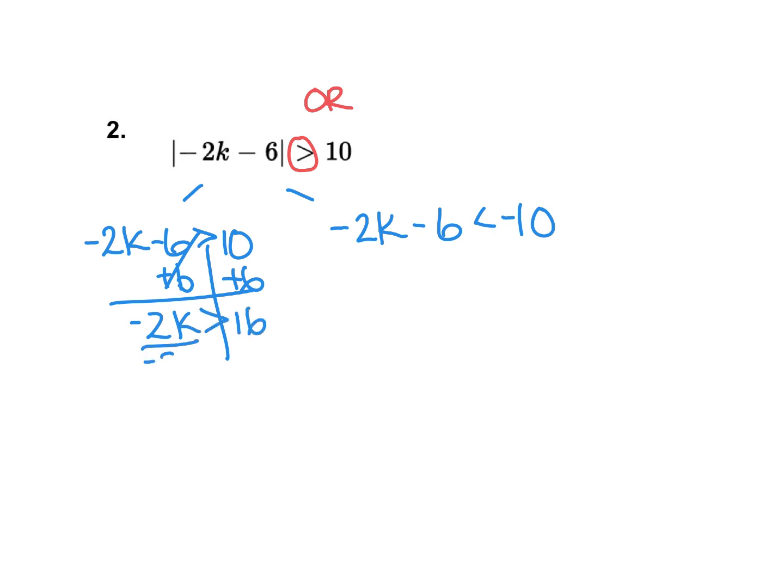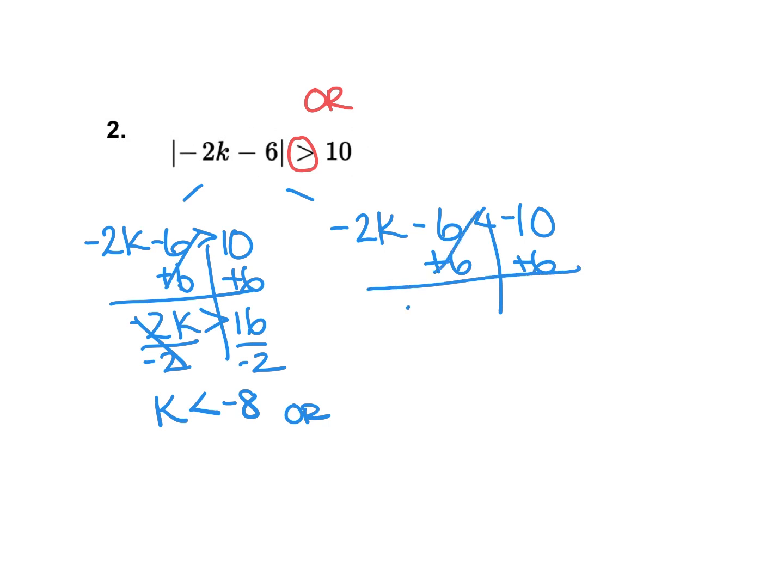Now we're going to divide by a negative, and when you divide by a negative, you need to flip your sign. So we have k is less than negative 8, and this is going to be an or. Then we add our 6, and negative 2k is less than negative 4.